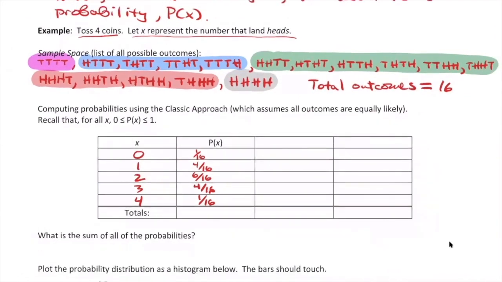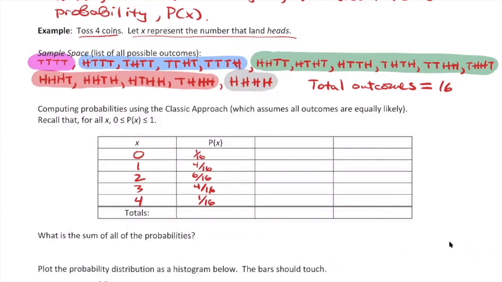Okay, I'm gonna pause for a second. Does anybody want me to explain this better? And when you list all the probabilities, you're describing how the probability is distributed among the outcomes. So again, that's a probability distribution.